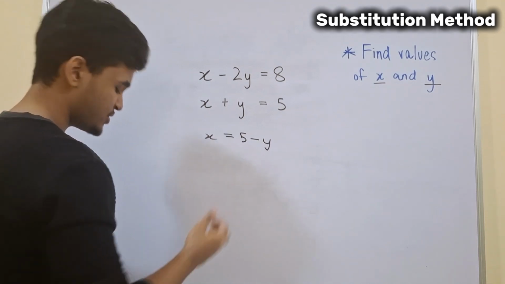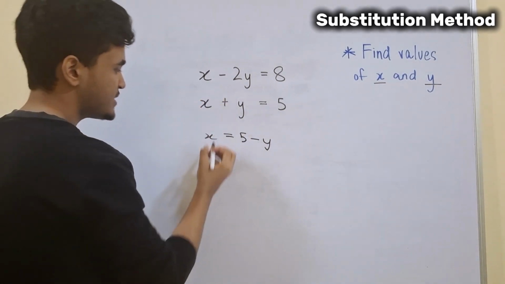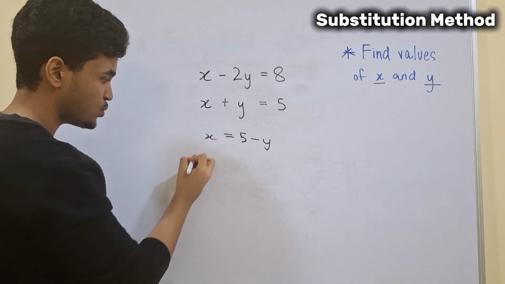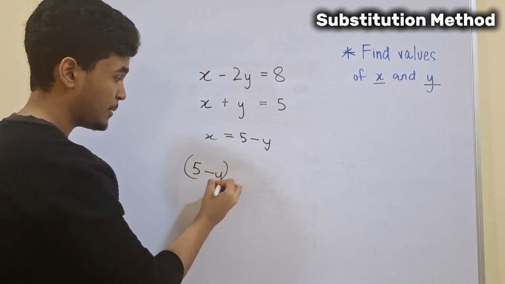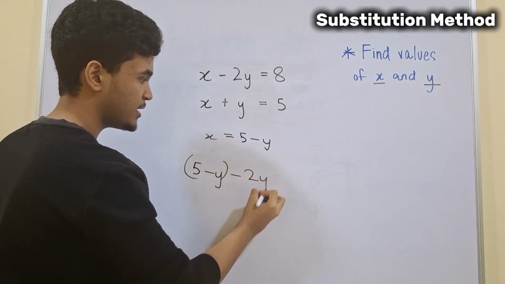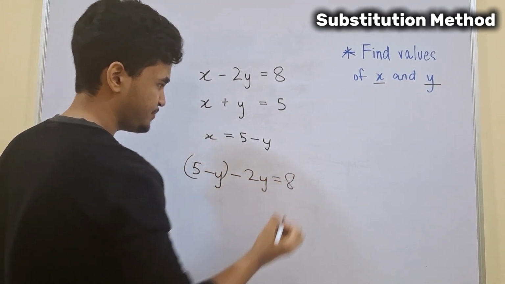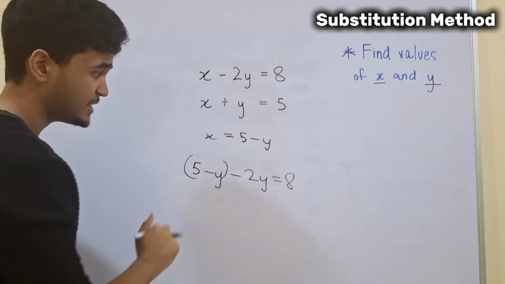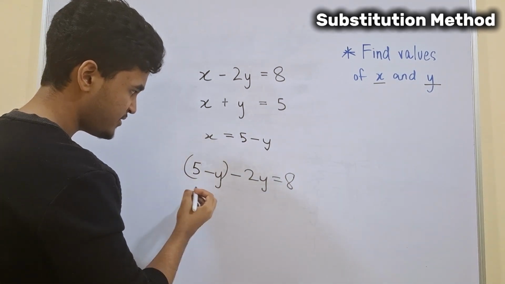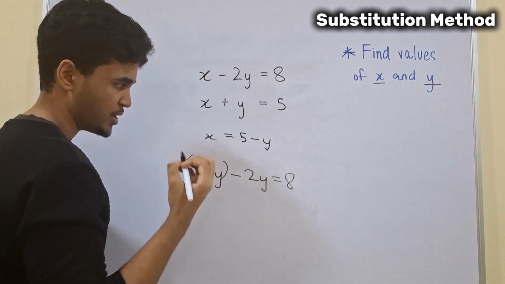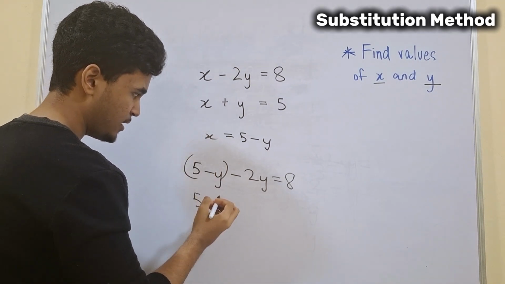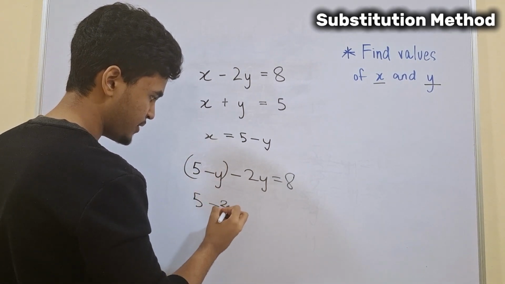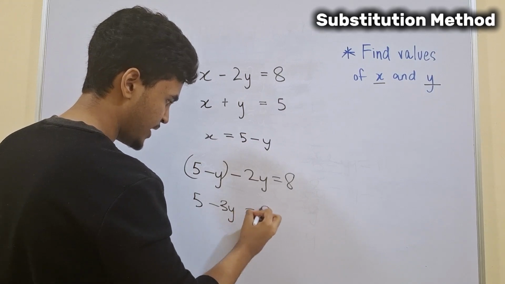So if x is equal to 5 minus y, in this case it will be 5 minus y minus 2y is 8, right? So let's solve this now. 5 minus y minus 2y is what? 5 minus 3y, right? Equals 8.